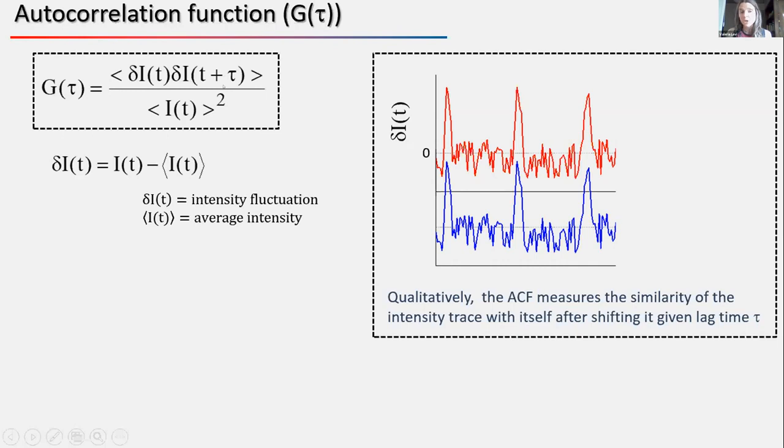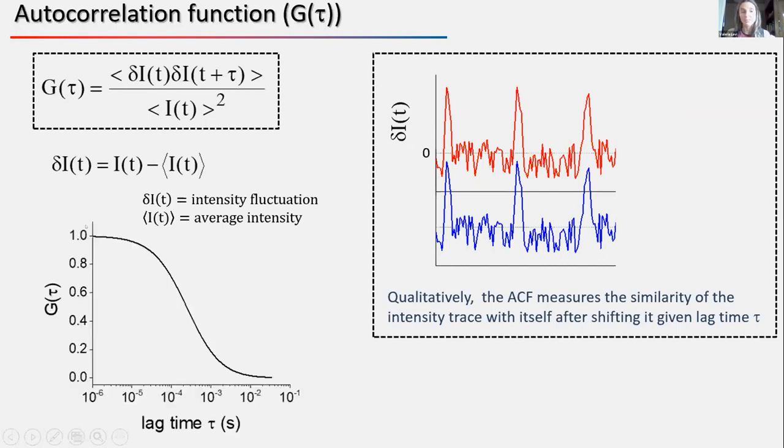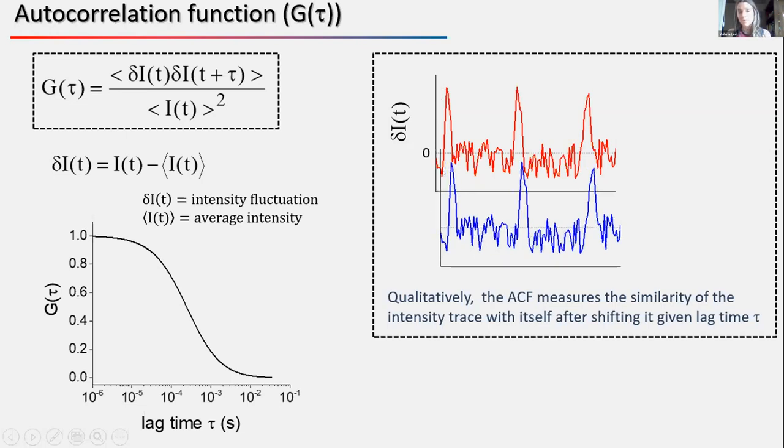So if tau is small, you are multiplying essentially the intensity trace by itself, so it will give you a high G value. When tau increases, it's like multiplying the intensity trace by itself, but shifted by a given period of time tau. So now you are multiplying things that are not completely the same.